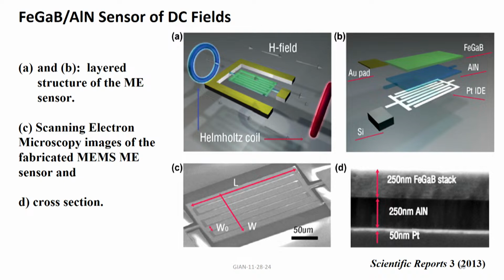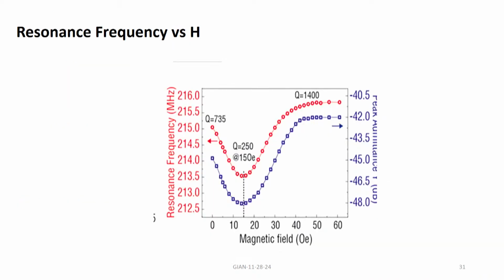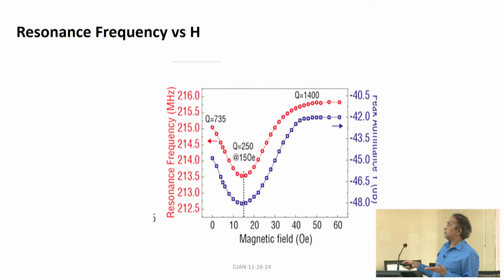There is 50 nanometer platinum, then this is the aluminum nitride, and this is the iron, gallium, boron stack, and it has its own resonance. Then you superimpose the DC field that you want to measure, and then you have a shift in the resonance frequency, and depending on the DC field, the shift will change.